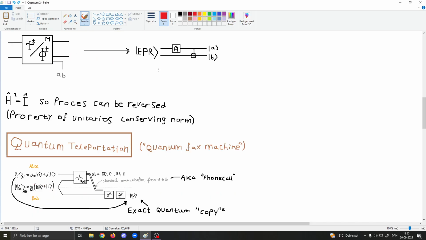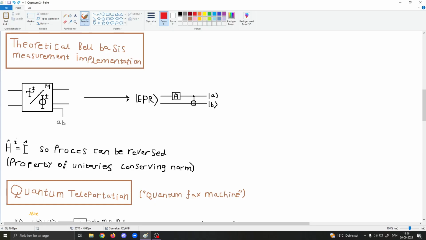Now, I should also mention that if you want to switch back and forth between Bell basis and computational basis, you can do it by, oh, I messed up. The Hadamard gate is unitary, so if you apply it twice, it is the same as doing nothing.